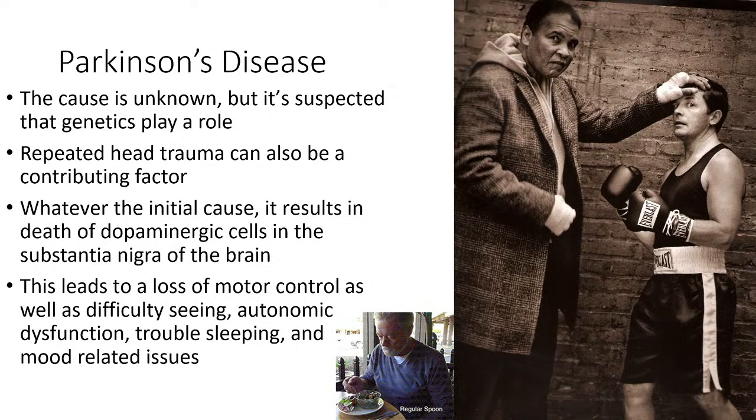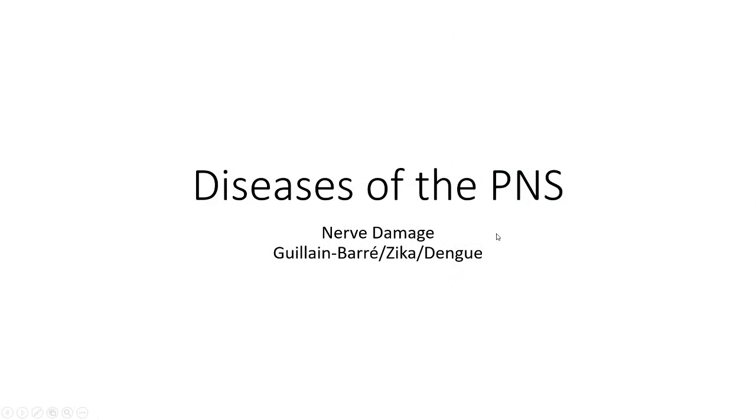Schizophrenia results from hyperactivity in the dopaminergic cells. And some medications used to treat schizophrenia downregulate the activity of the dopaminergic cells to the point that it causes Parkinson's-like symptoms. Just a strange medical thing there.